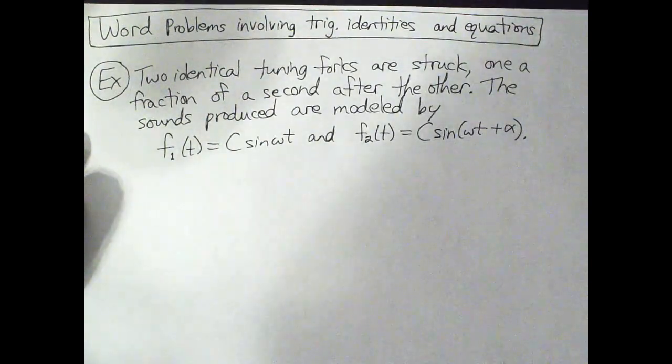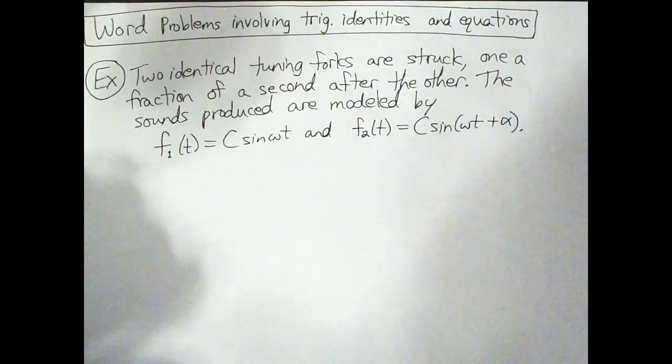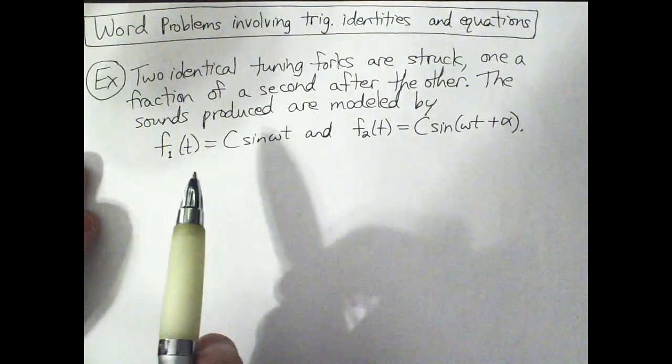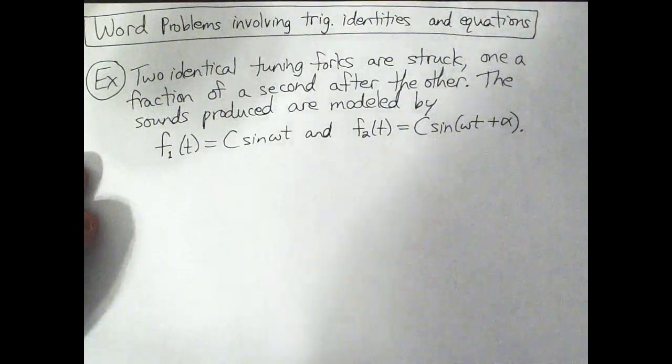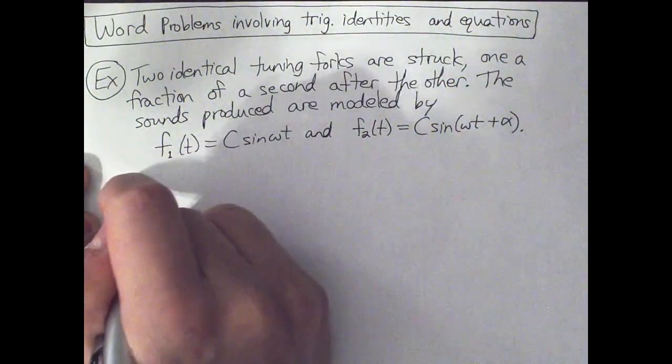Now, I haven't asked any questions yet, but can you imagine this situation? Two tuning forks are struck, and they're going to make sound waves, and waves can be modeled by periodic functions such as sine.